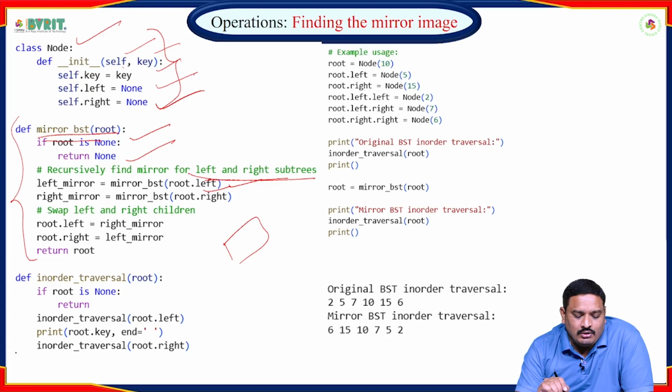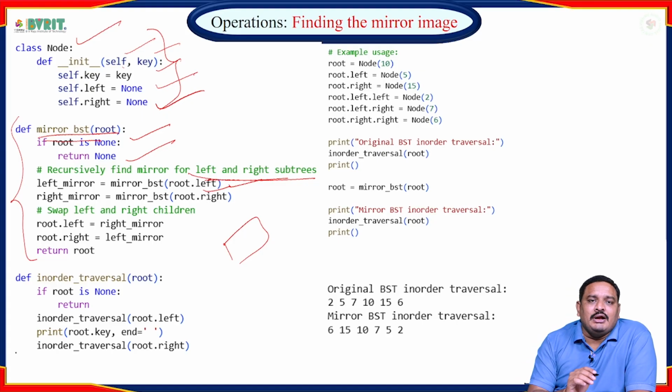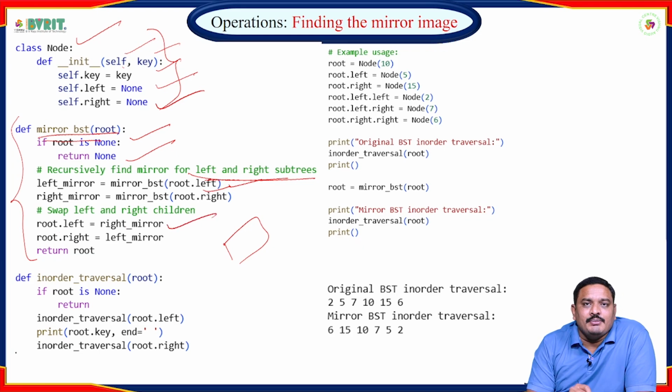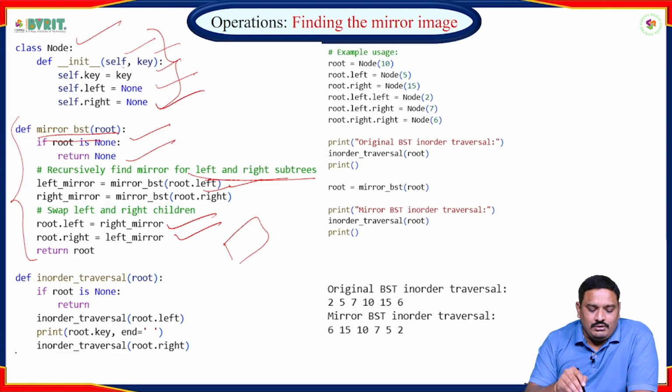After swapping the left and right children, root.left equals right mirror and root.right equals left mirror. We are swapping left to right and right to left.